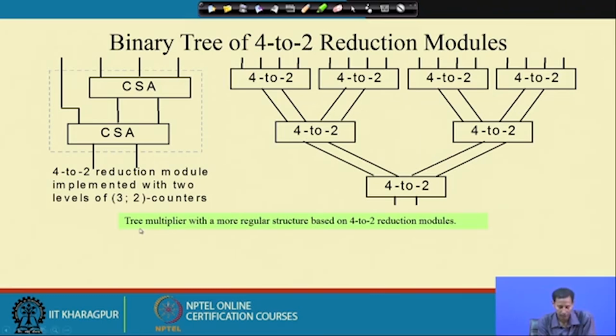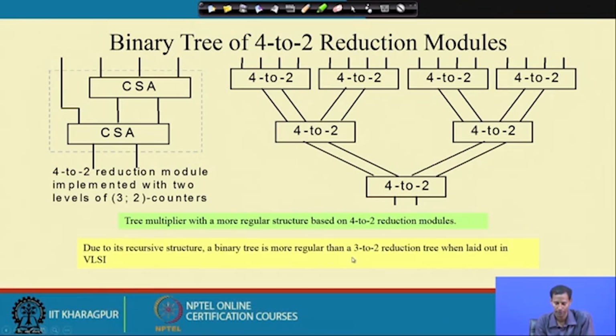So, that is why this is a tree multiplier with a more regular structure based on these 4:2 reduction modules. Okay. And due to its recursive structure, a binary tree is more regular than a 3:2 reduction tree when laid out in VLSI.